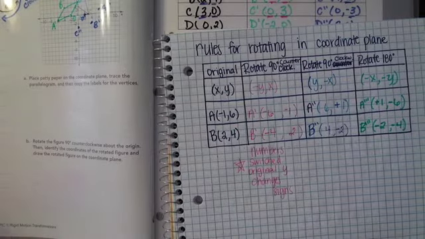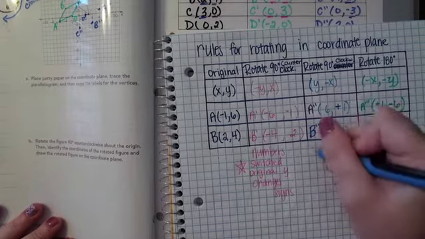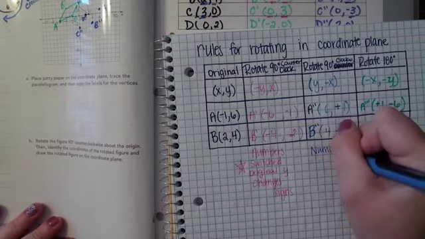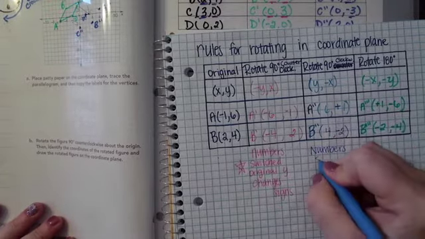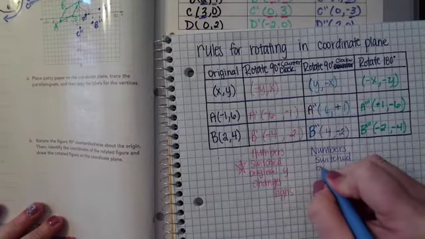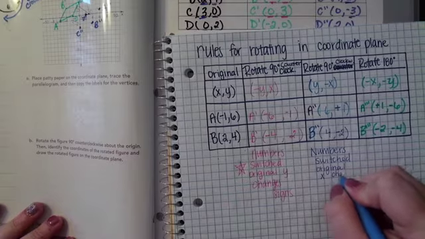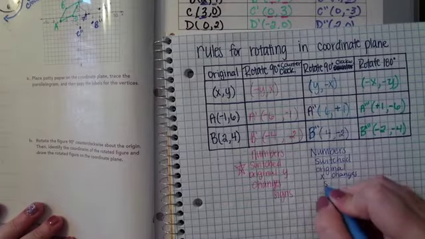Okay, this one, so 90 degrees clockwise, numbers switched, and original x changes sign.